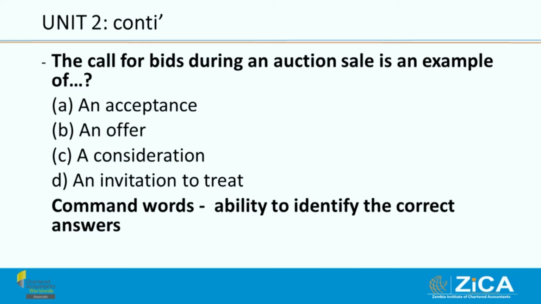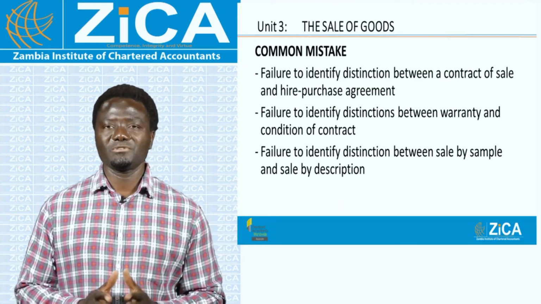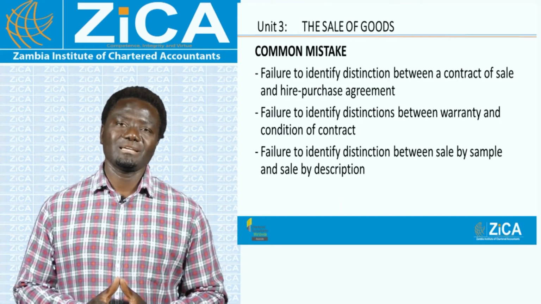So once you have paid the sum of money known as the price in a contract of sale agreement, and then you are given the goods or the products that you are actually paying for, there you have actually owned whatever it is that you have paid for, and you have all the entitlements and all the rights to whatever it is that you have bought. That is what is known as a contract of sale.